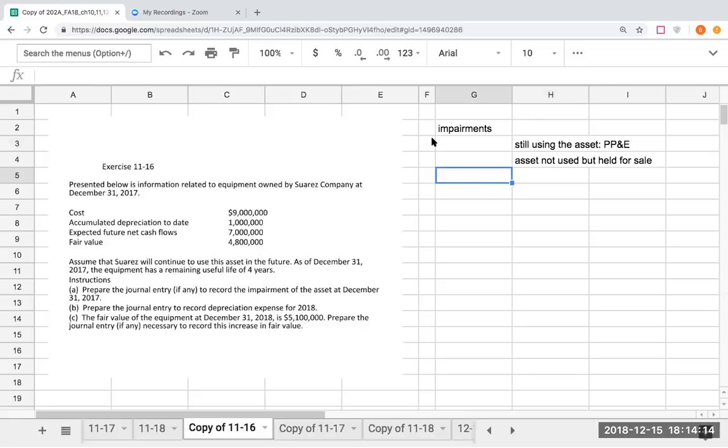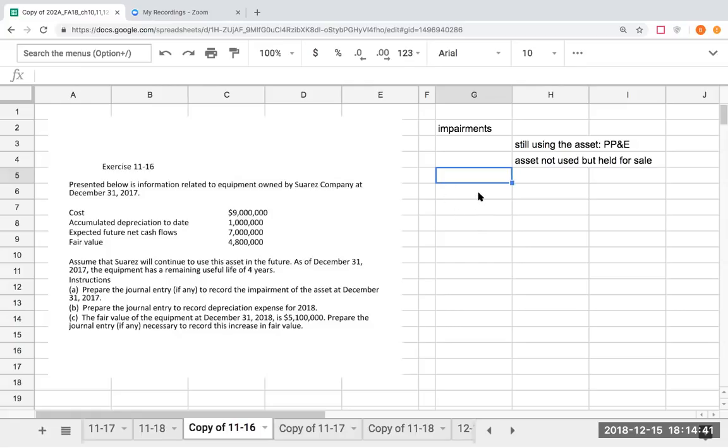When we're looking at impairments, the thing we need to remember, similar to anything else on our balance sheet, is: do we want to be overstating our assets? The answer is no. Rather, we want our assets to be fairly stated. We want to think about this from the investor's perspective.